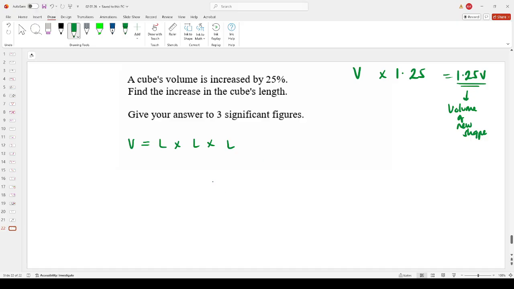So essentially, 1.25 V equals what? The length cubed times the difference, right? X cubed. Yeah, the length cubed times the difference. Or you could just take 1.25, so basically just L cubed. So how do you work out L?